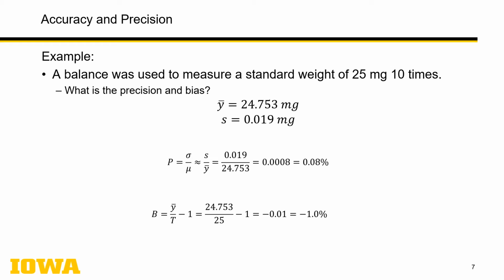And likewise, the bias is the mean, 24.753, divided by the known weight, the T, capital T, 25, minus 1, which gets us to around minus 0.01, which is a negative 1% bias in this balance.